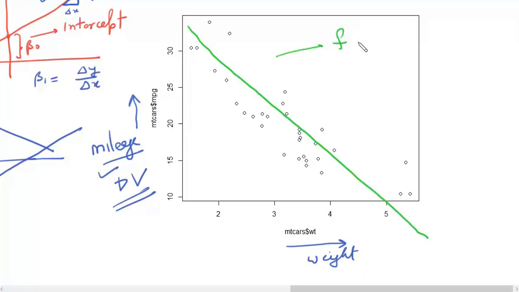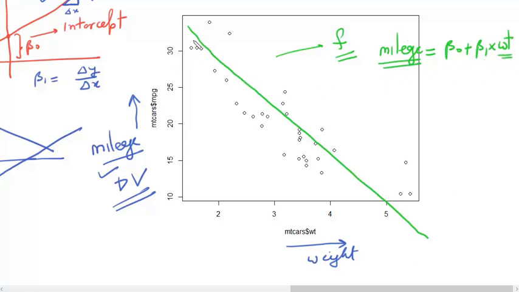So this is what we try to find in linear regression. What is the equation of that straight line, or what is that function? We can write it as mileage is equal to beta naught plus beta 1 into weight of the car. Mileage is my dependent variable which depends on the weight of the car.